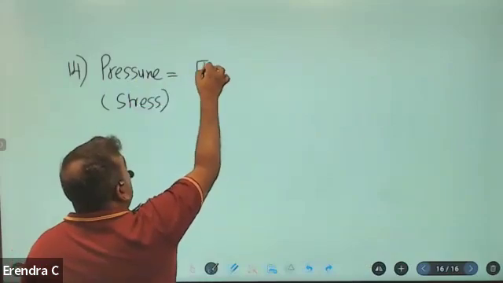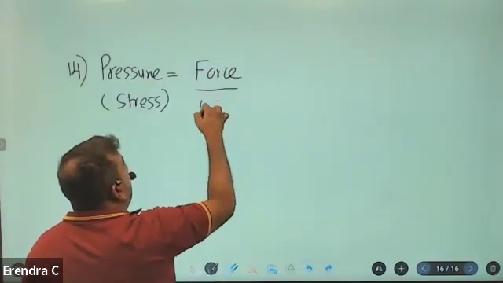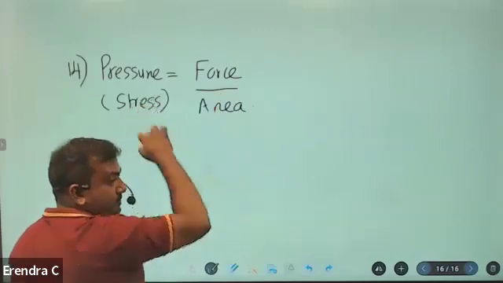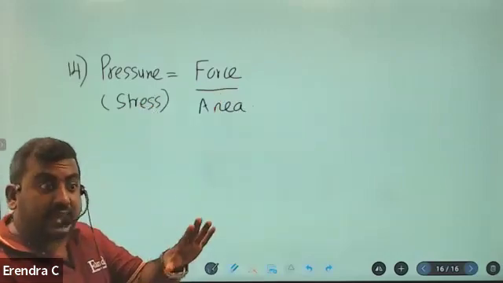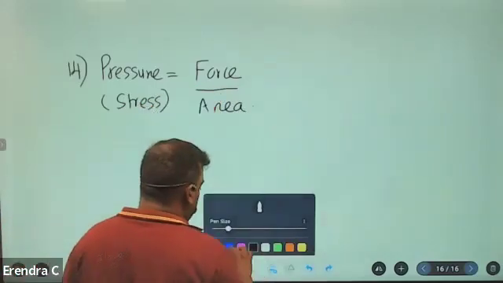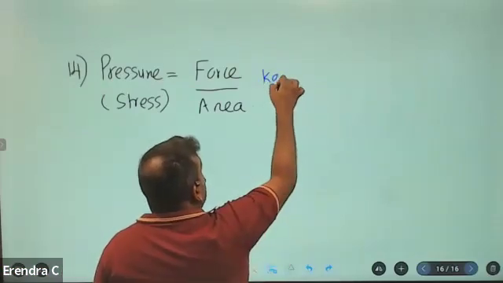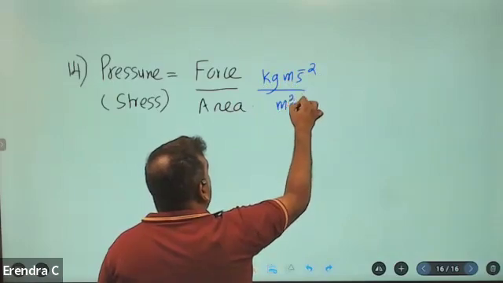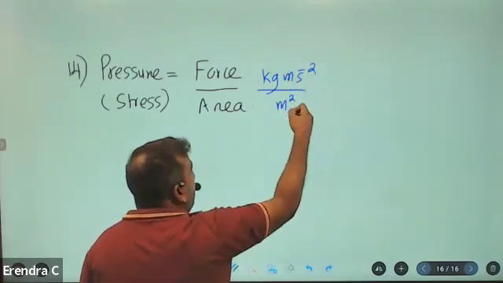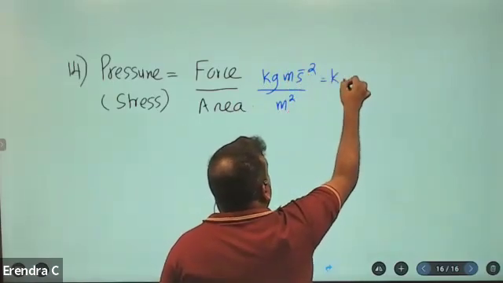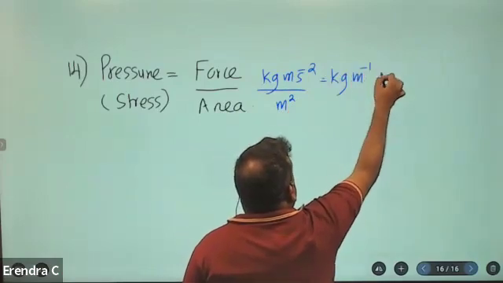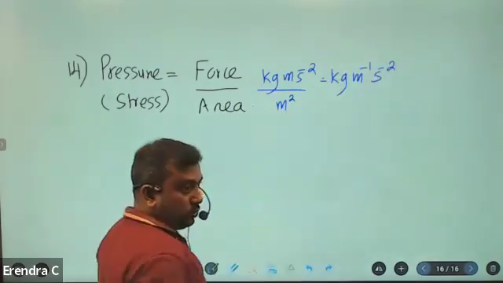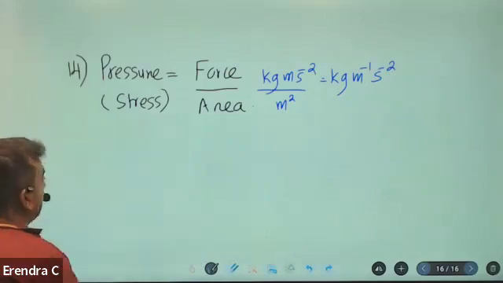Pressure is force divided by area. Force I can find using fundamental: kg ms minus 2. Area is meter squared. 1 m cancels off. What's your unit? kg m minus 1 s minus 2. Okay, no? There you go.